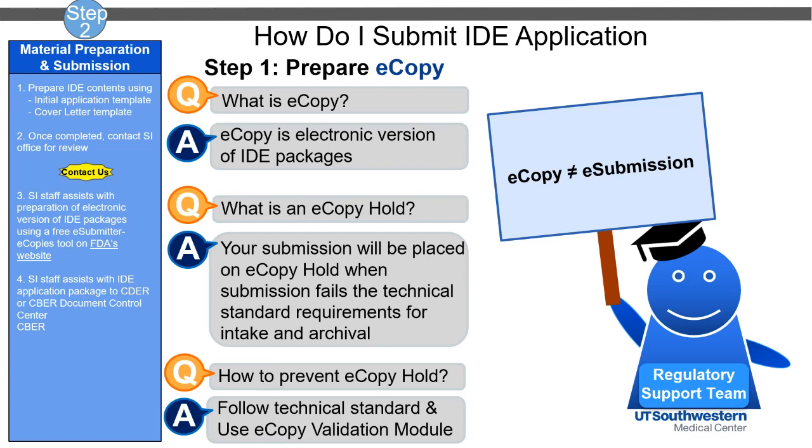Without meeting the eCopy technical requirements, the FDA will not process the IDE submission, which will be placed on eCopy hold until clearing the issue or issues. The eCopy hold is preventable by running the files through the validation step that checks them for compatibility with the prescribed technical standard. This is a prerequisite to the submission.